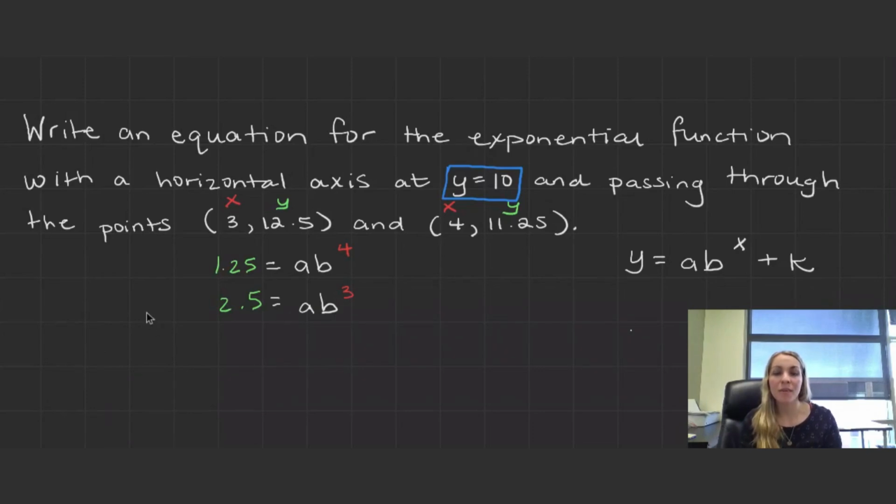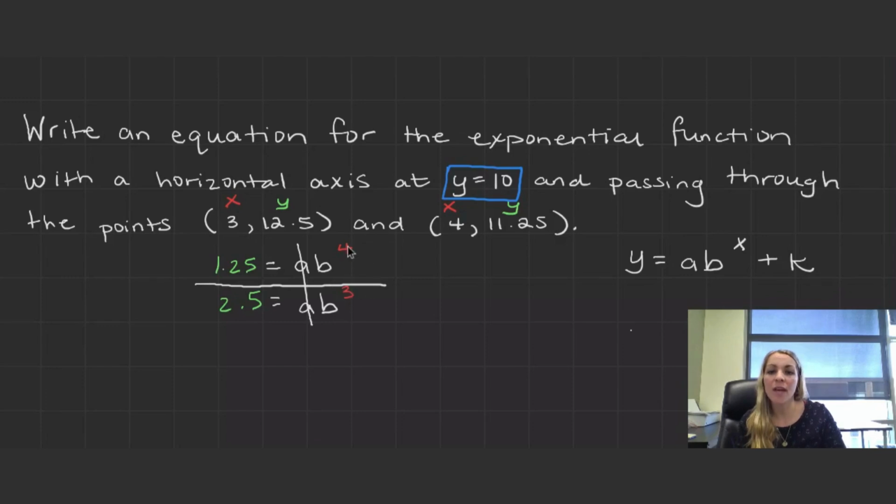Now that this is a multiplication problem, I can undo it with division. So I'm going to draw a division bar through here. The whole reason I did this is because I'm able to eliminate the a's, because a divided by a is 1. The reason I used the x value that was higher, the 4, is because when I have exponents that are divided, I subtract the exponents.